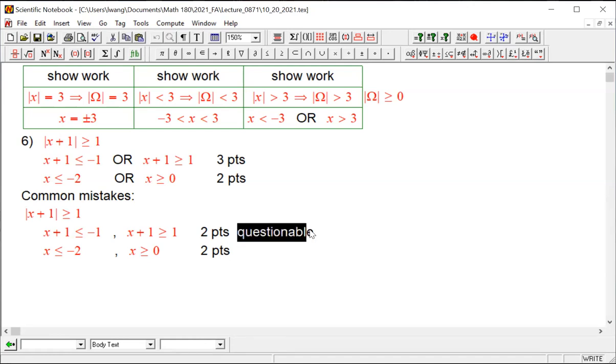And this 2 points is also questionable because I will have to look through your work to see if you understand that this should be or. Because when you leave it blank, that leaves a question in my mind. Does this student know this should be and or? So that's how you leave it questionable.